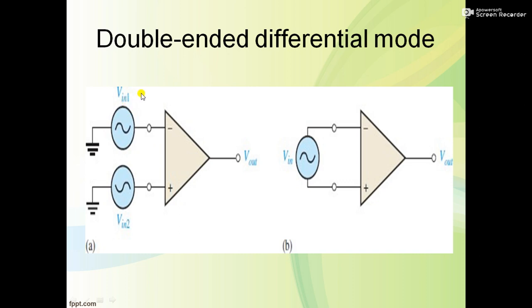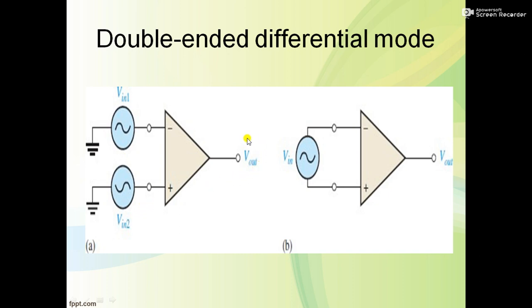If Vin1 is 1 volt and Vin2 is also 1 volt, the output is equal to 0 volt. But practically it will not happen. A small difference output voltage you will get, a very small amount of difference voltage, when both inputs are applied simultaneously.